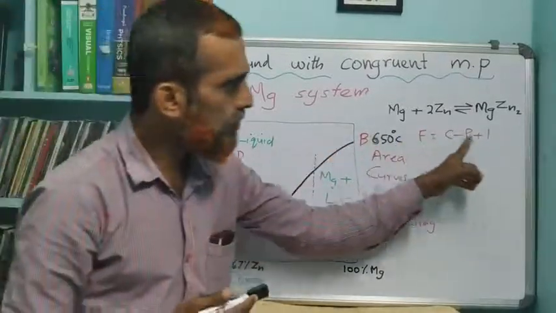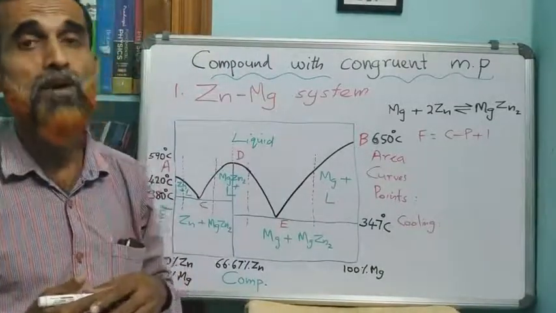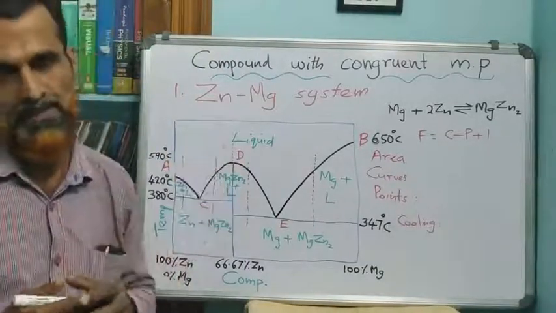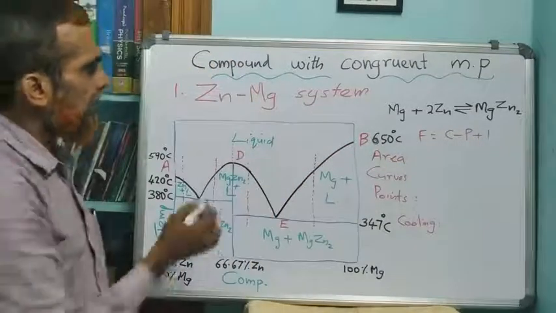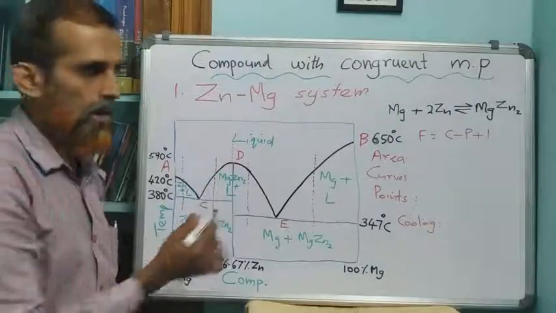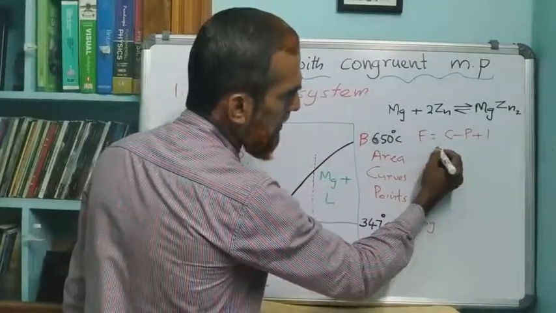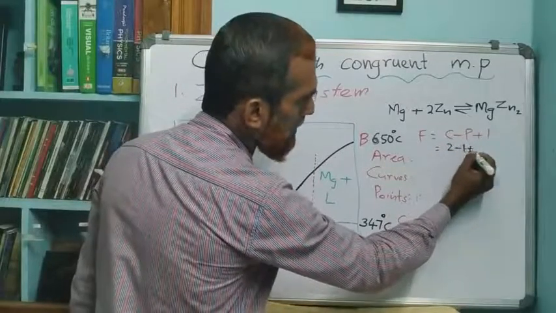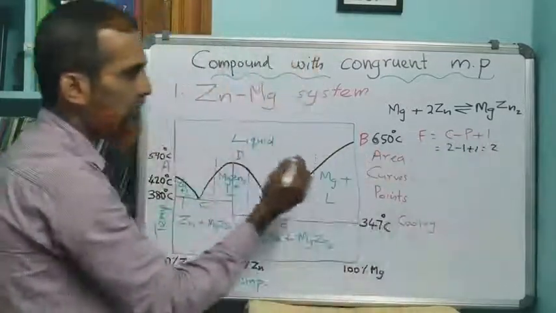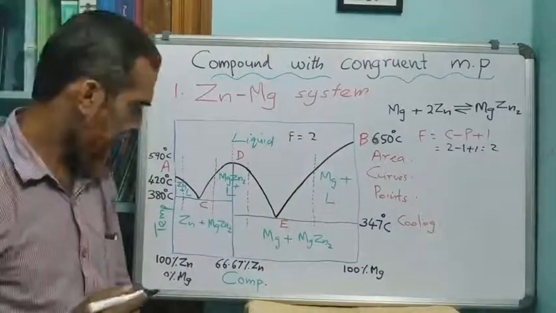We know the phase rule which we apply is always the reduced phase rule or condensed phase rule, because we neglect the vapor phase here, so it is plus 1. And in this area you have only one phase, so it's a two-component system. Applying this, you get 2 minus 1 plus 1 equals 2. So F equals 2, in this area the system is bivariant.